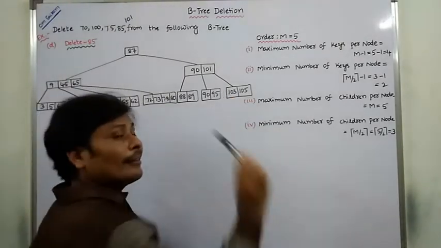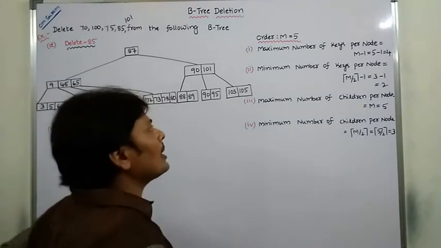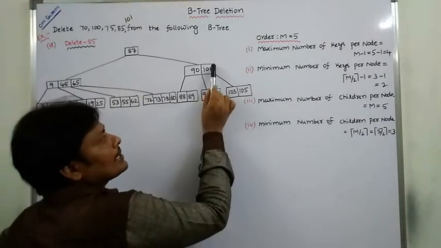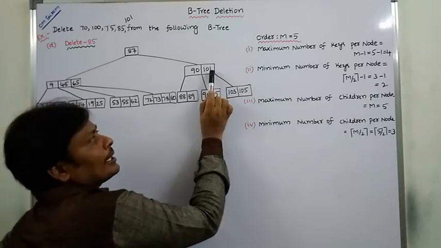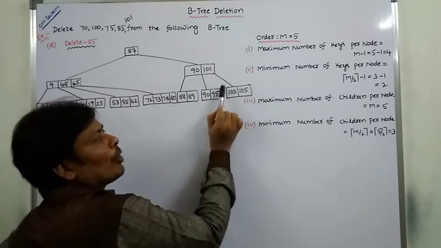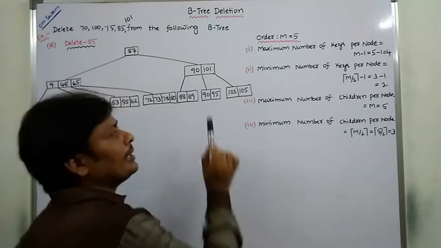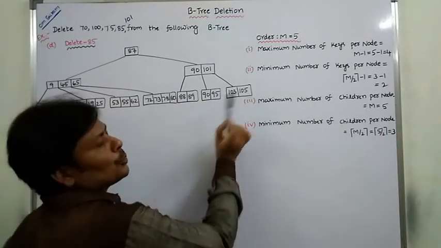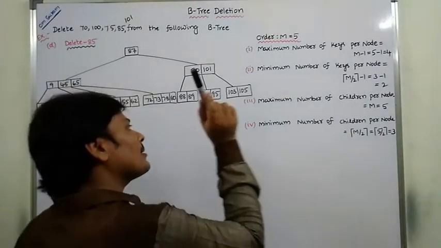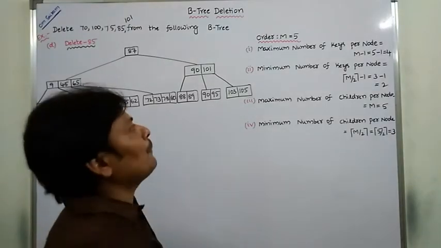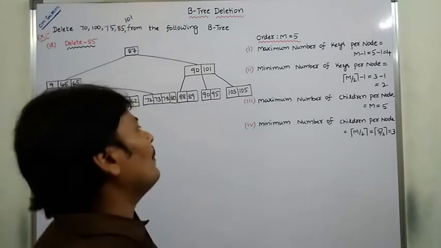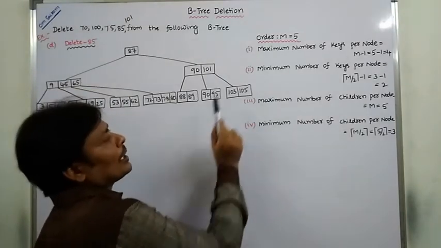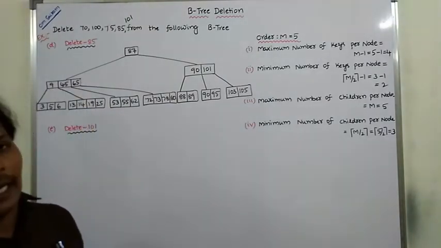Next, go for the in-order successor. For the in-order successor, we have to consider the right subtree. The right pointer of 101 is this one. It points to a right subtree that contains a node with two key elements. Here, it is also not possible to replace 101 with the in-order successor because this node also contains the minimum number of key elements.